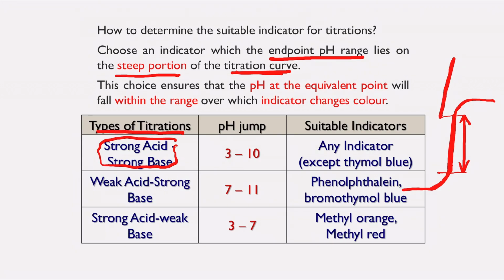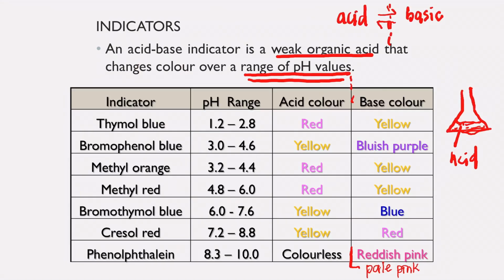So, contohnya, kalau awak guna strong acid dengan strong base, maksudnya awak punya range of endpoint for your titration will be from pH 3 to 10. Okay. So kalau macam tu, you can pick any indicator except thymol blue. So tengok thymol blue kenapa? Kenapa tak boleh guna thymol blue ni?